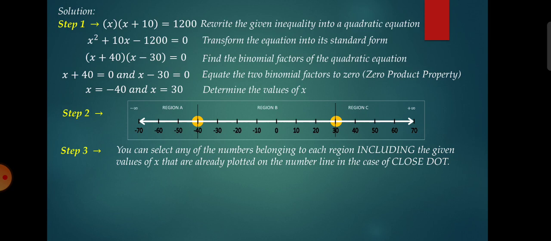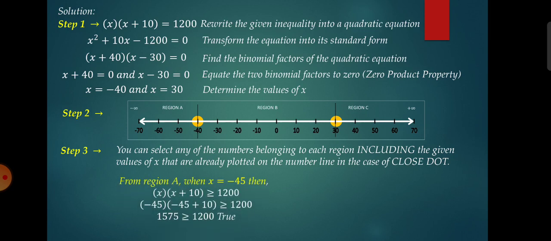From then, we can select three test points from the three regions, including the given values of x that are already plotted on the number line in the case of closed dots. So for example, from region A, I chose the value of x to be negative 45. So it is to the left of negative 40, negative 45.